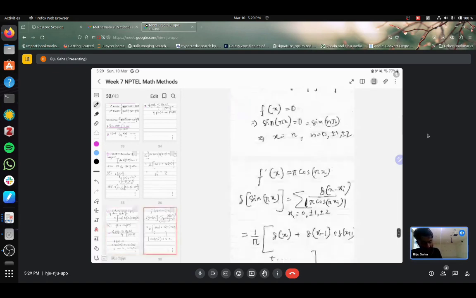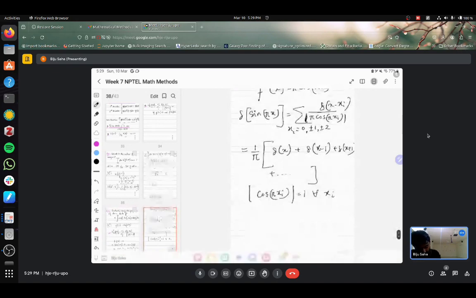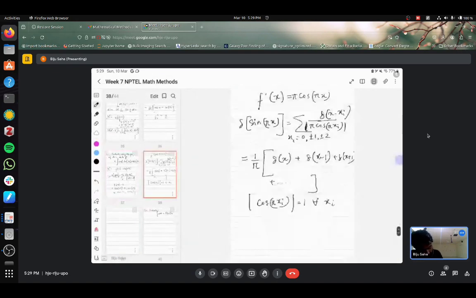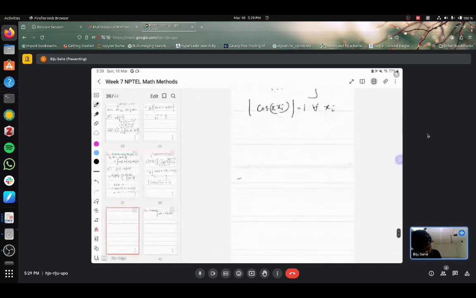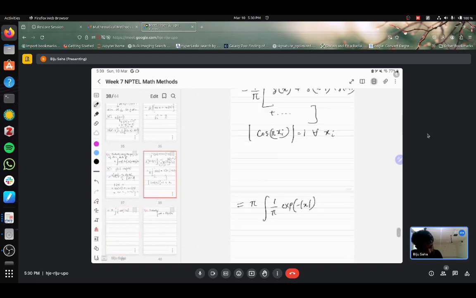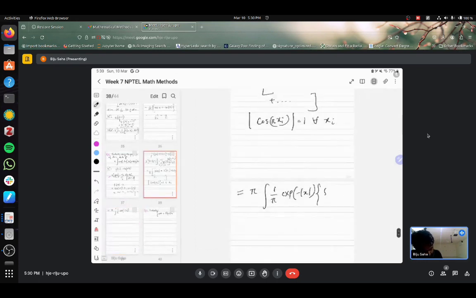So this is what is delta of sin(πx). Now the integration can be carried out like so. The integration had π in front, so 1 by π, exponential of minus mod x, and then this δ(x−1), δ(x+1), all this.